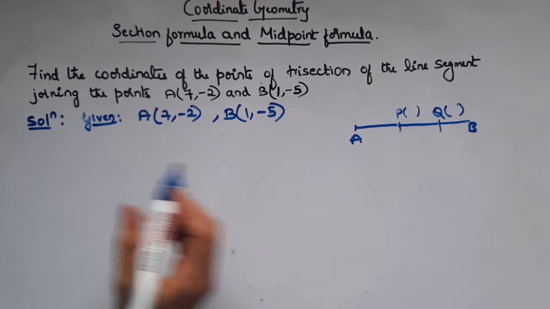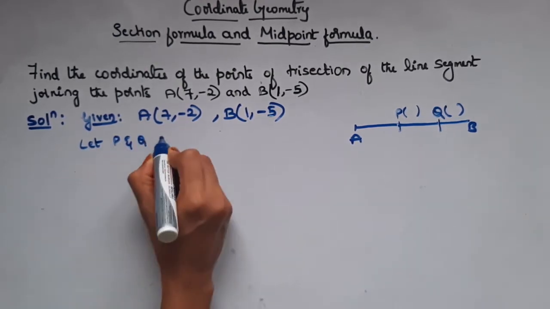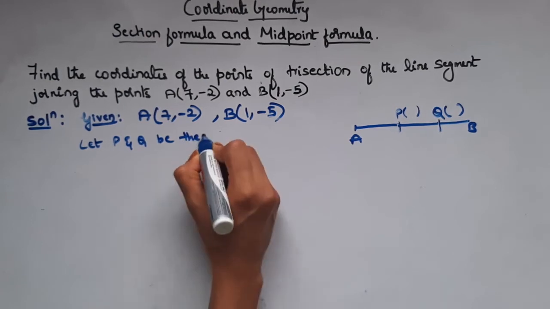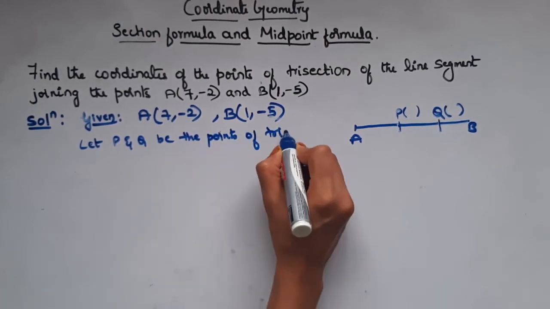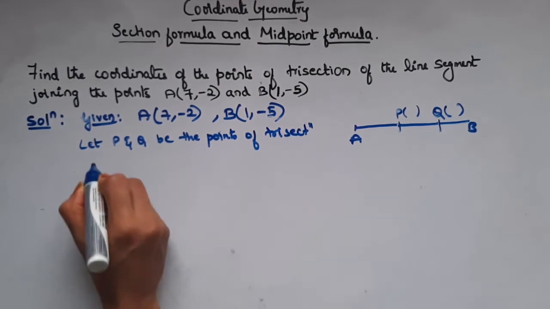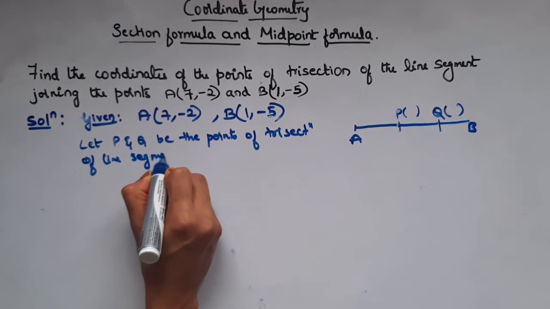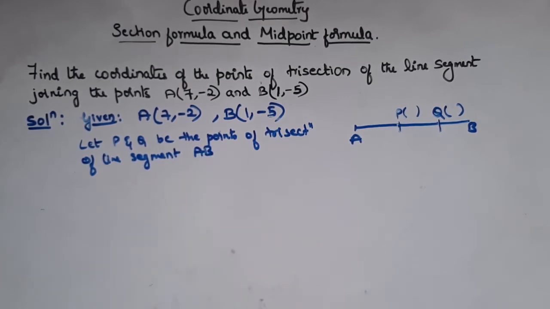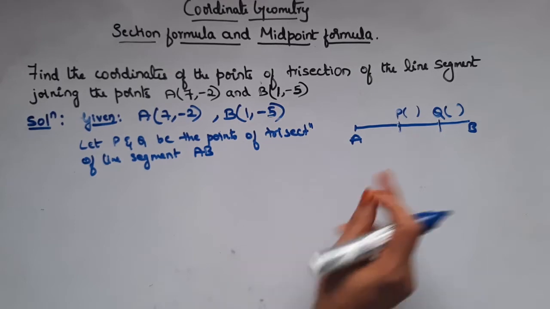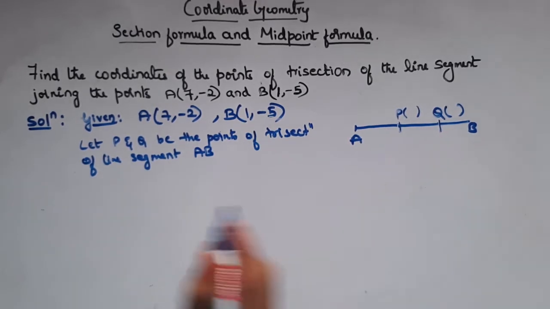Now let's write this in words. Let P and Q be the points of trisection of line segment AB, right?